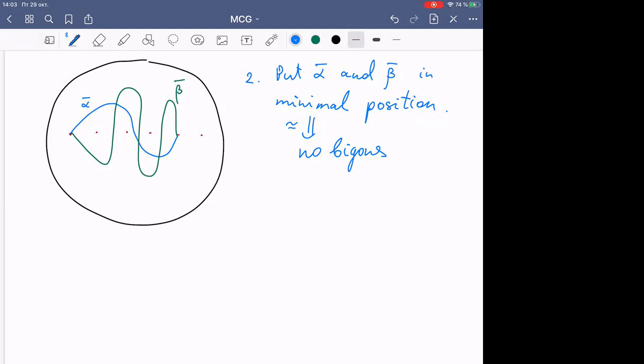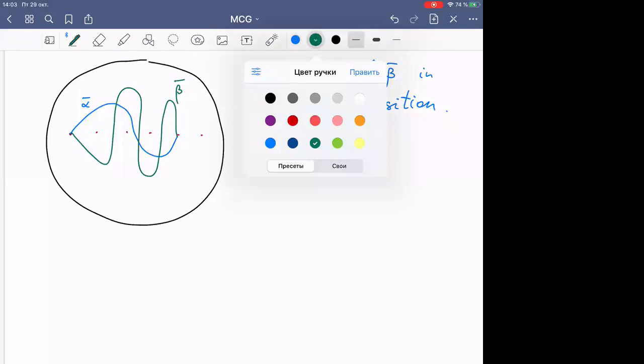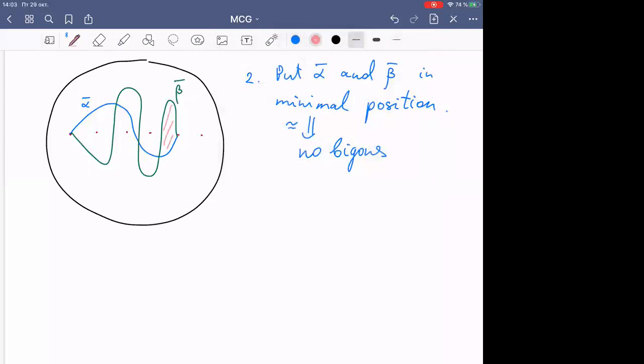Actually, look, if there is a bigon like that, or like that, a bigon between alpha bar and beta bar, then there is an innermost bigon, but for an innermost bigon there are three possibilities. It may contain no marked points.